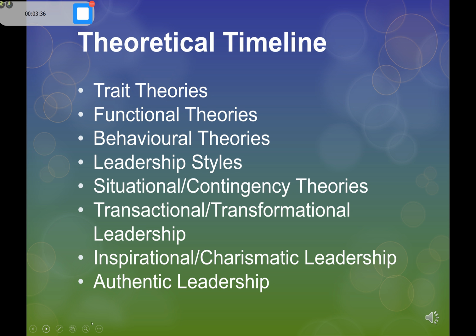When we look at leadership, there's a history of the way the different leadership theories have evolved, from thinking of leadership as something that we're born with. It's innate, it's just there and will always have those characteristics. So you're either born with leadership characteristics or you're not, and that's what the trait theories are. Functional theories are more about focusing on getting the functions done.